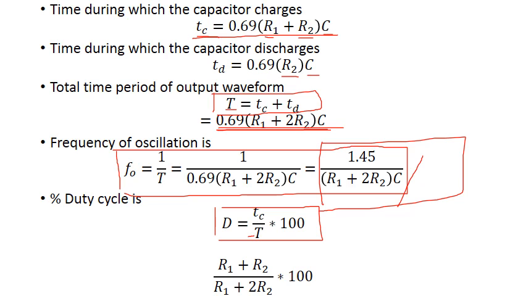So if you substitute that, 0.69 gets cancelled off, C gets cancelled off. So what remains is R1 plus R2 divided by R1 plus 2R2, into 100 will give you the duty cycle. So this is the duty cycle in the percentage form.